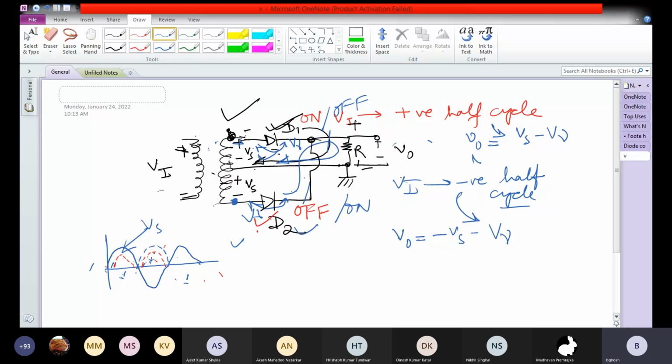The blue is the input waveform Vs, and the red is the output waveform V0. The thing to understand is that V0 is Vs minus V gamma. So this distance from here to here will be V gamma. So this is V versus time.